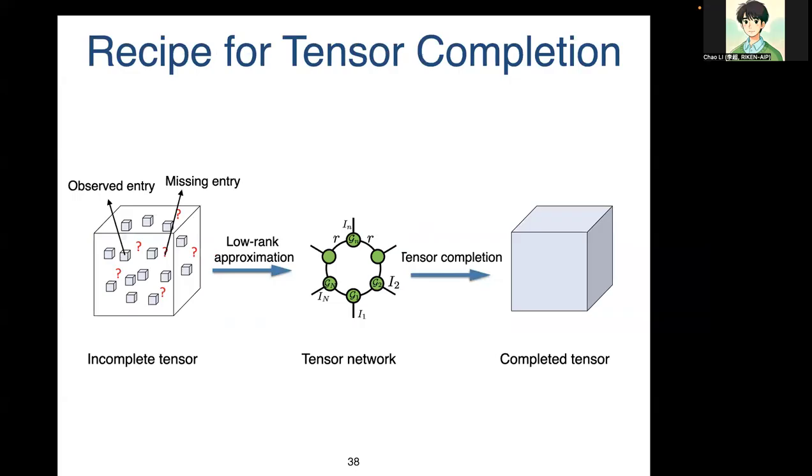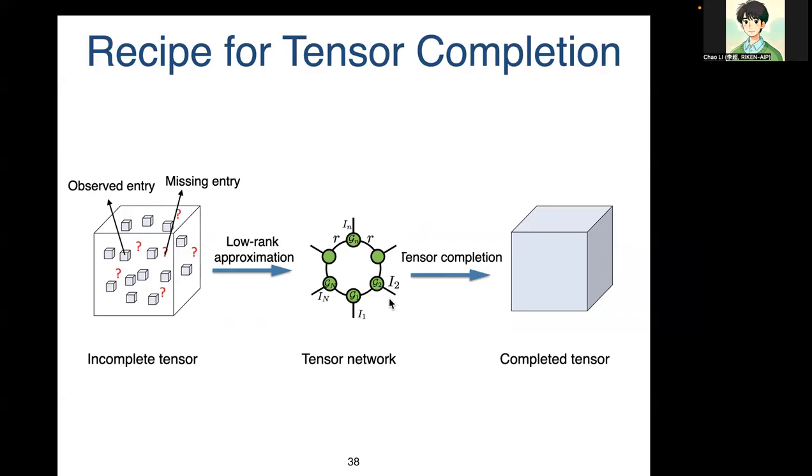Here's the basic recipe for tensor completion using tensor networks. We start with our incomplete tensor with lots of missing values, shown here with the question marks. Then, instead of directly trying to fill in the missing values, we represent the tensor in a tensor network form. These smaller core tensors are connected by tensor contraction.